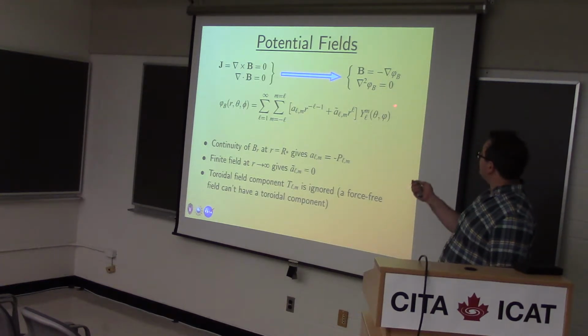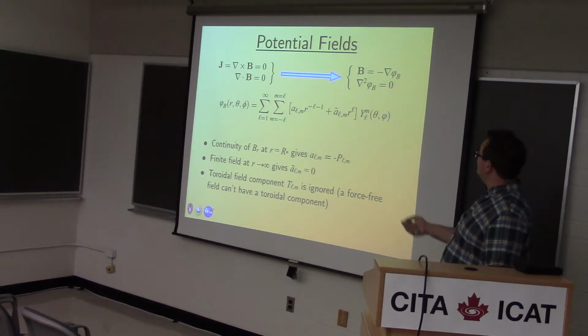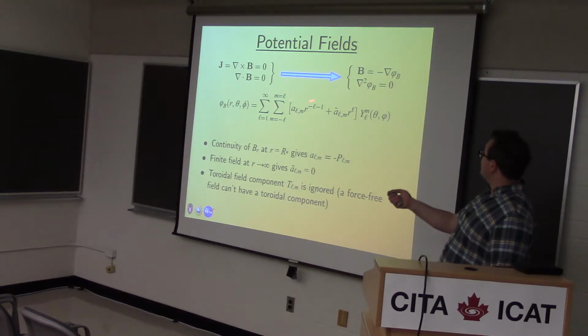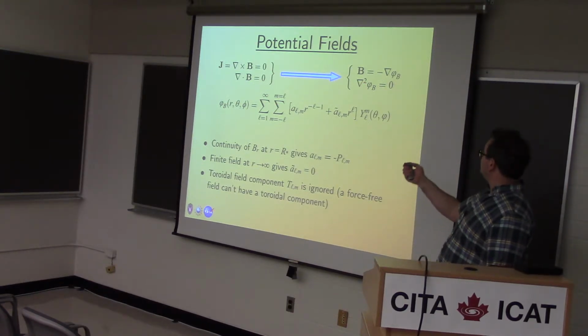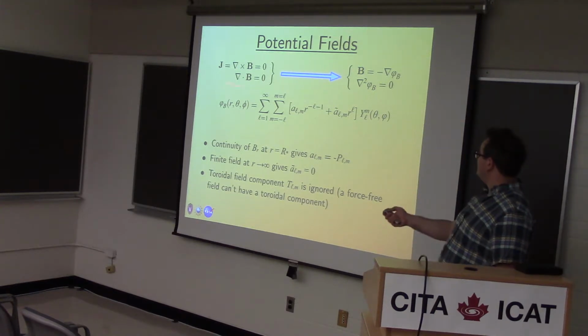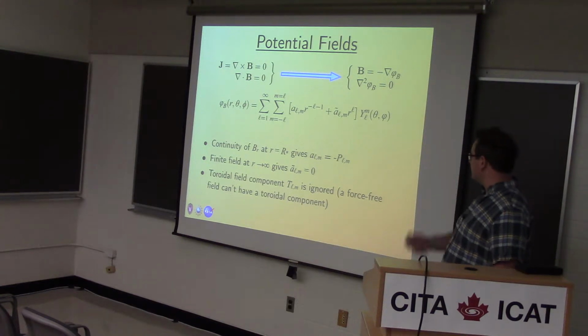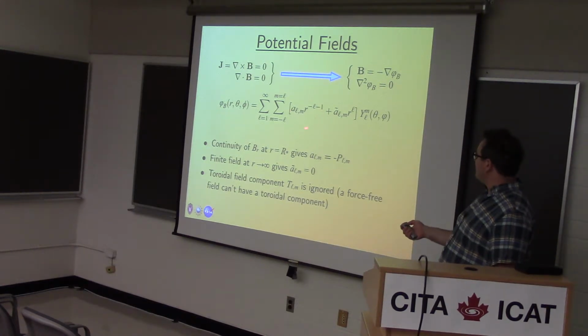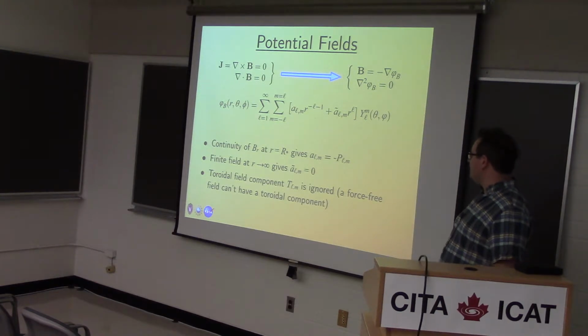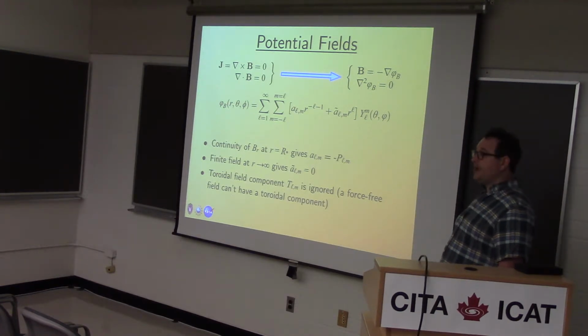So potential fields, because the divergence of B is 0 and the curl of B is 0, the potential satisfies Laplace's equation. Here's an expression for the potential. This is just a solution to Laplace's equation in spherical coordinates. And we can apply some boundary conditions to determine what these expansion coefficients are in terms of the radial component of the magnetic field at the stellar surface.